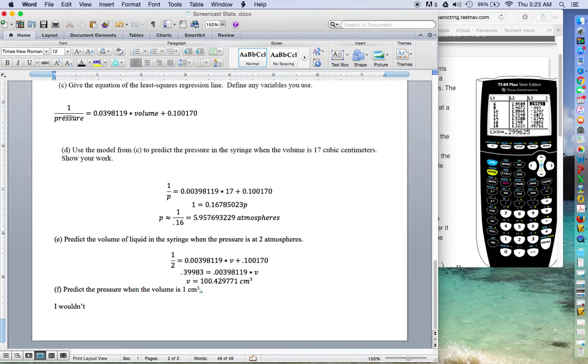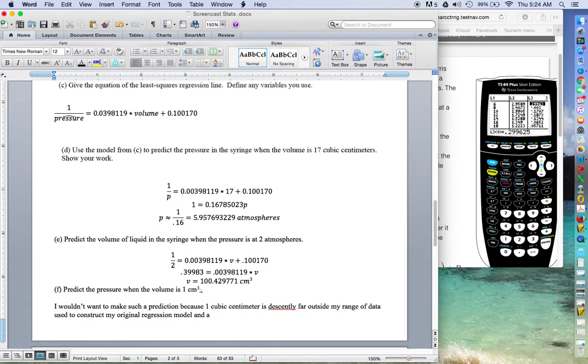So this is what I would say: I wouldn't want to make such a prediction because 1 cubic centimeter is decently far outside my range of data used to construct my original model and also my 1 over y re-expressed model.